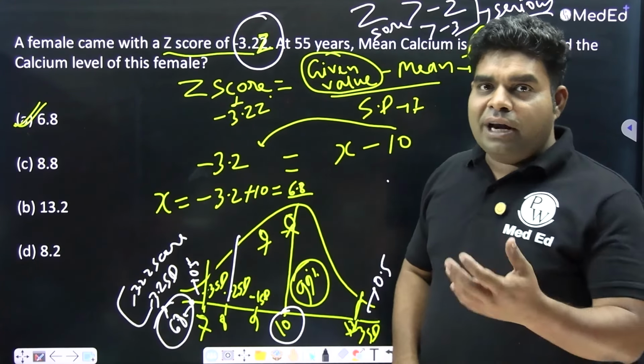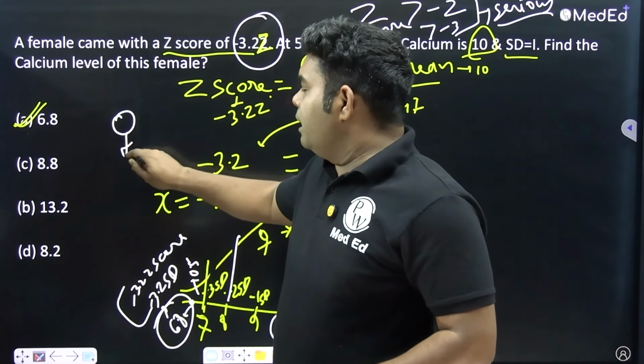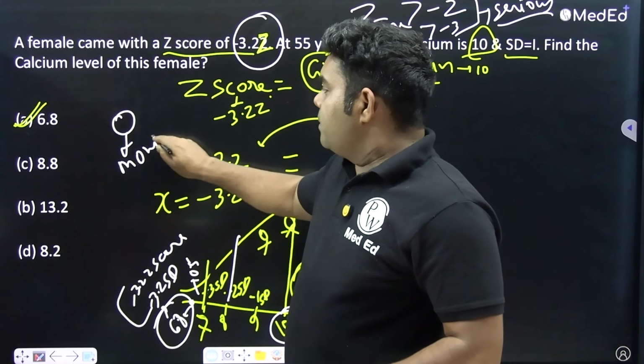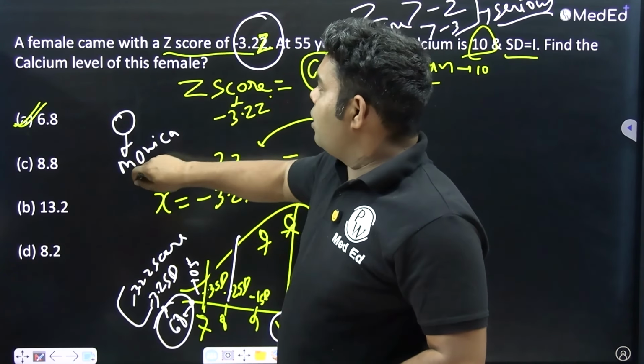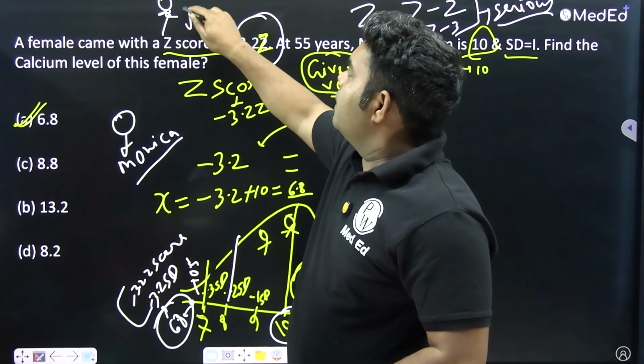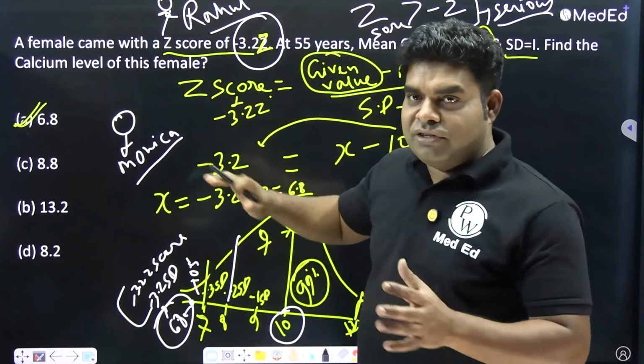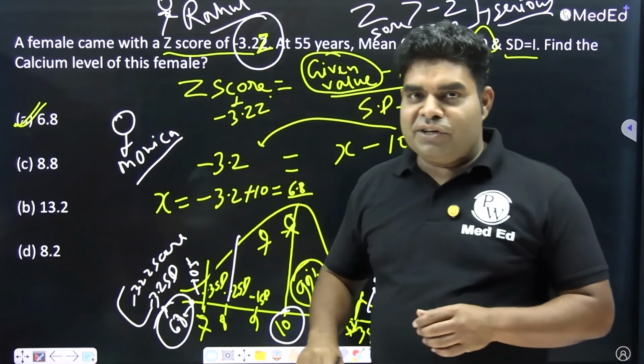So let's say in your class, in the center of the class, there is a girl sitting, Monica. And at one corner of the class, there is a guy sitting, his name is Rahul. Just for an example, I am trying to explain the difference between Z score and standard deviation.